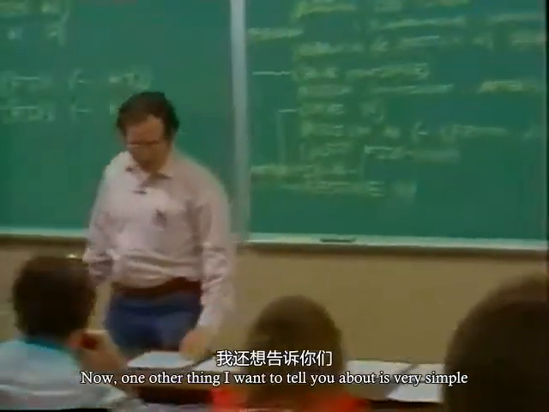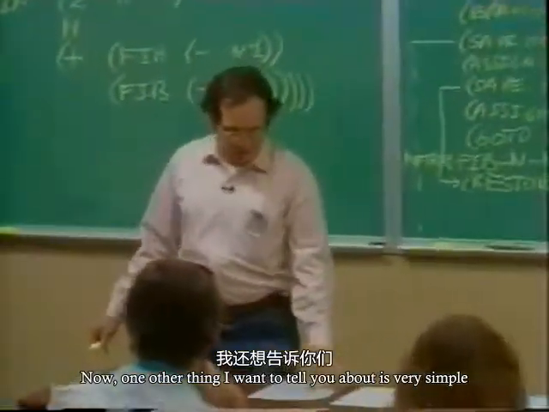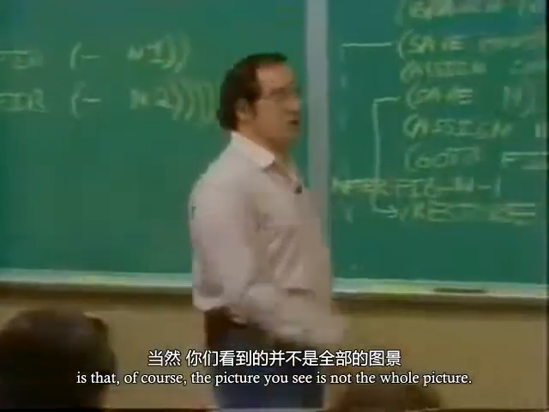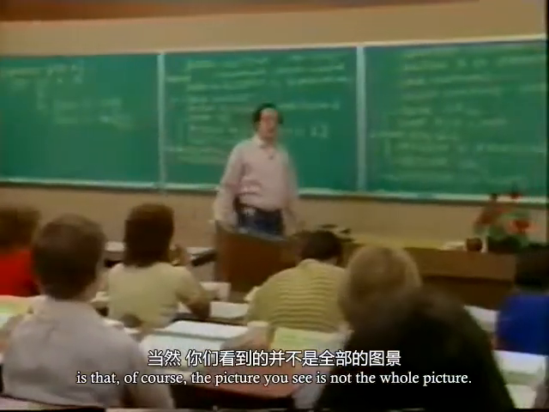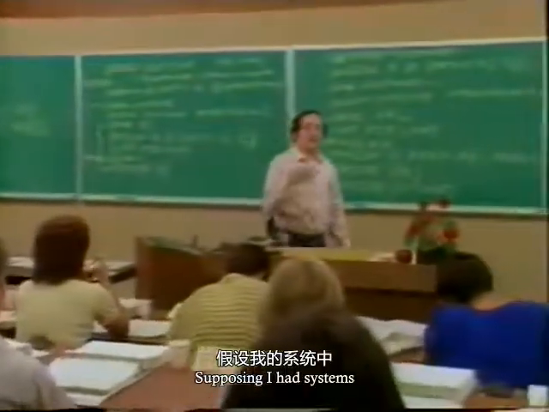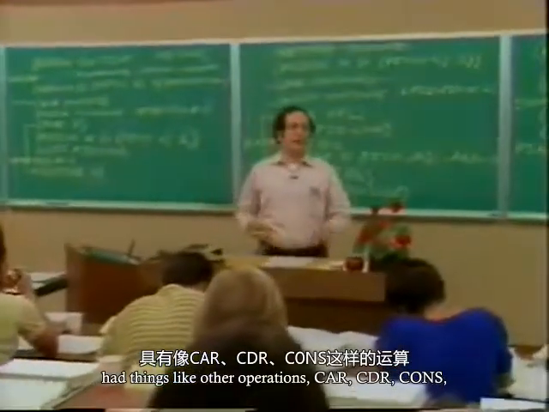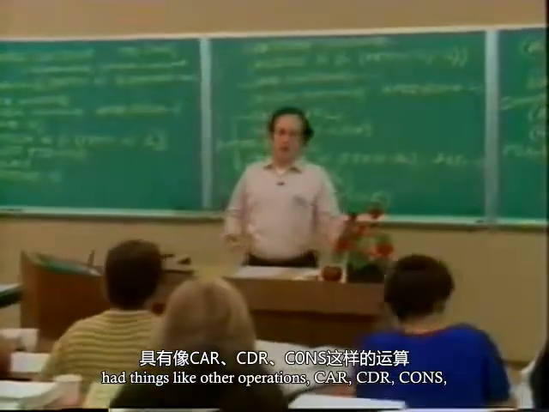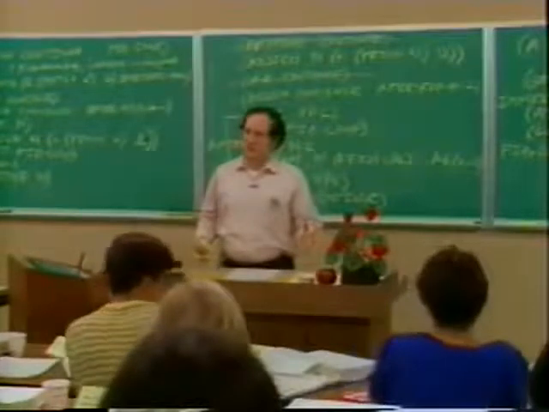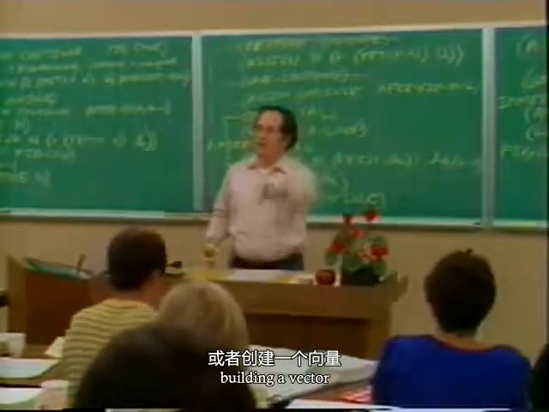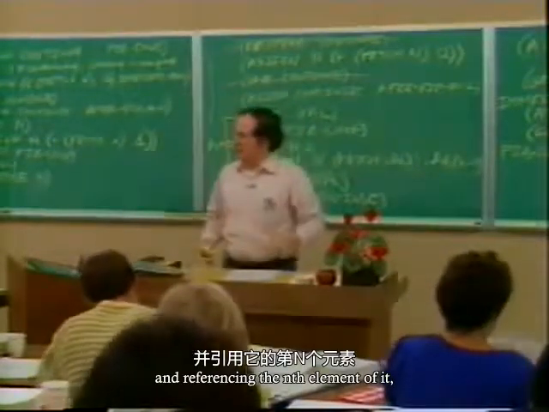Now, one other thing I want to tell you about, it's very simple, is that, of course, the picture you're seeing is not the whole picture. Supposing I had systems that had things like other operations, car, cdr, cons, building a vector and referencing the nth element of it, or things like that.